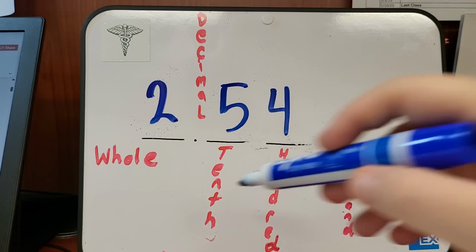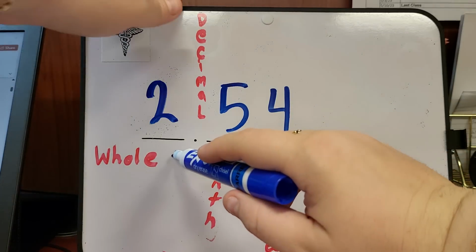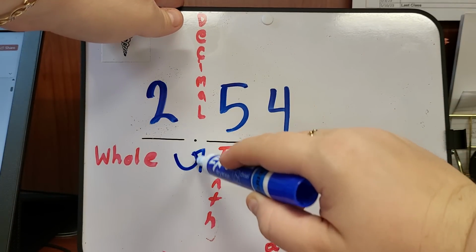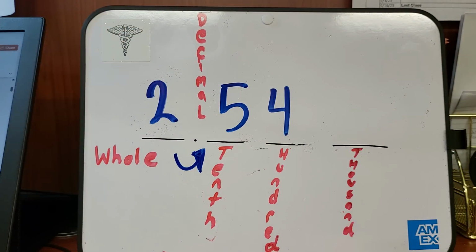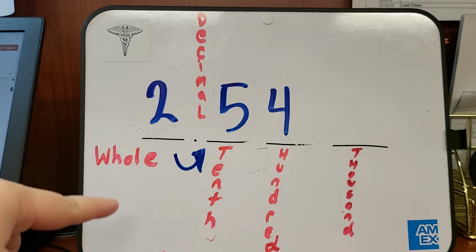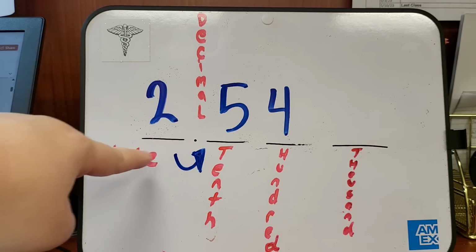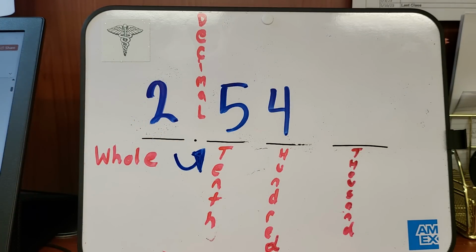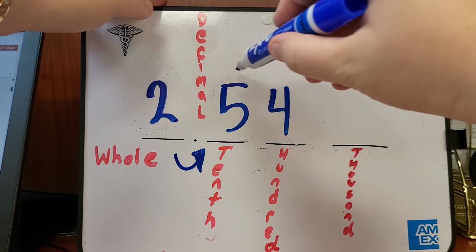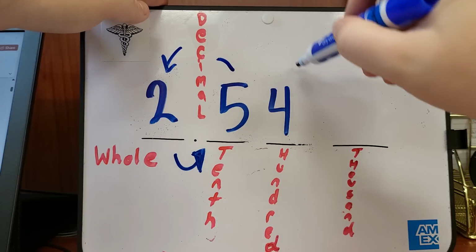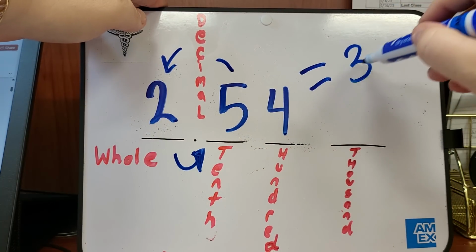We know that our friend to the right will be the determining factor if we can actually round this number up or not. The question said, please round to the nearest whole number, so you know that you're working in this unit, this whole number area, which is to the left of the decimal. Is this number 5 or greater? Yes, it is. So now that is going to equal 3.